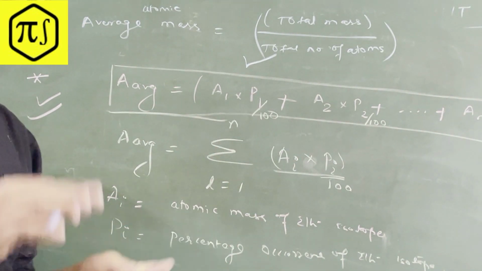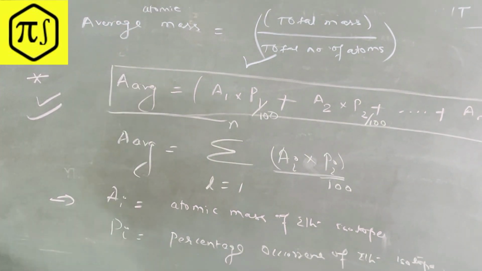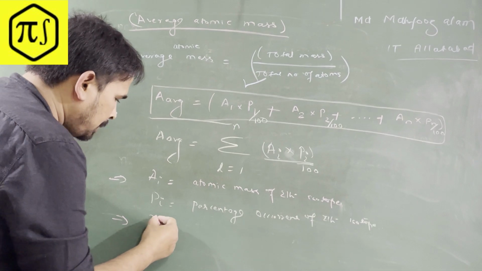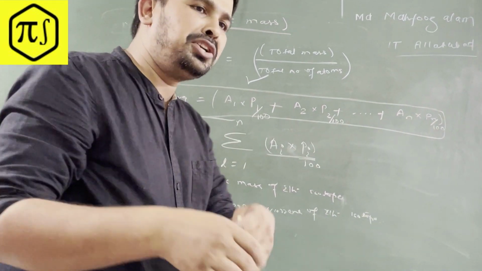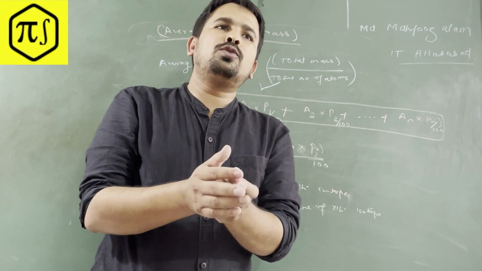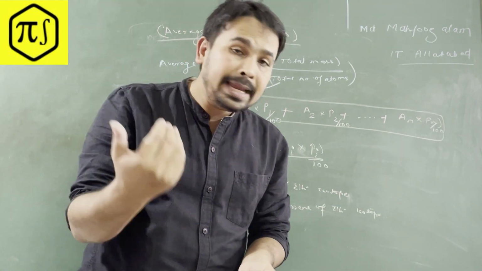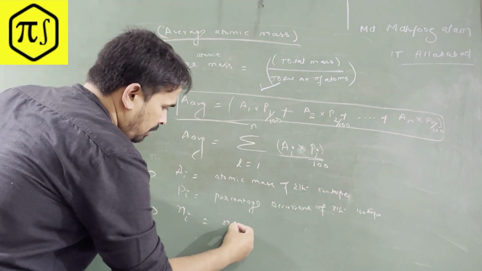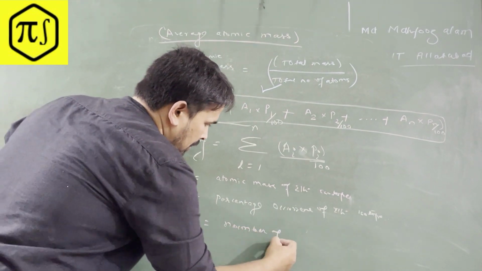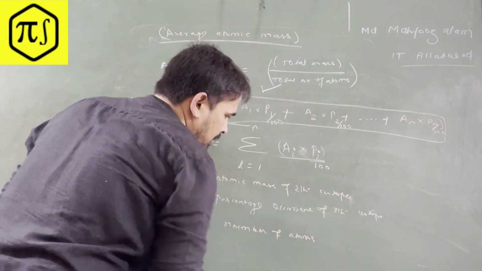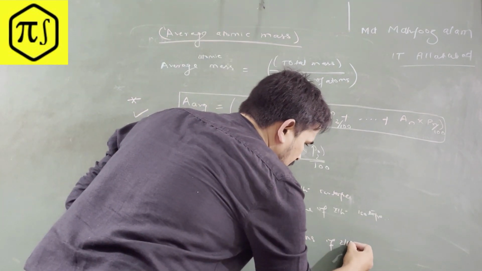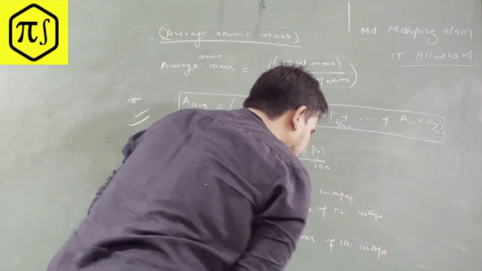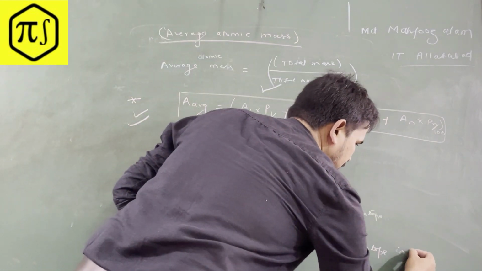So how to derive it, guys? Now remember this: Ni is the number of atoms. Suppose this is a sample in nature. You assume Ni is the number of atoms of the ith isotope in nature. Now the total mass of the ith isotope will be Ni into Ai. See, Ai is the atomic mass of one atom of the isotope, and Ni is the number of atoms of the ith isotope in nature.